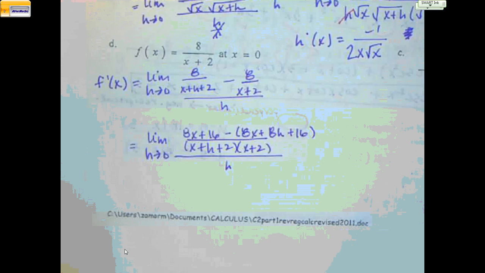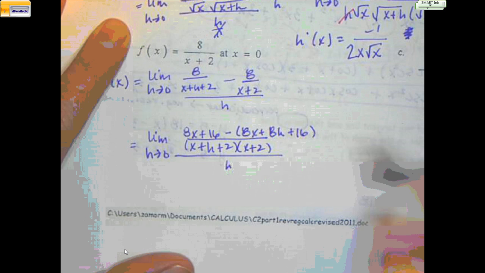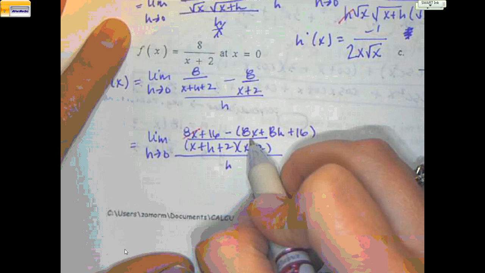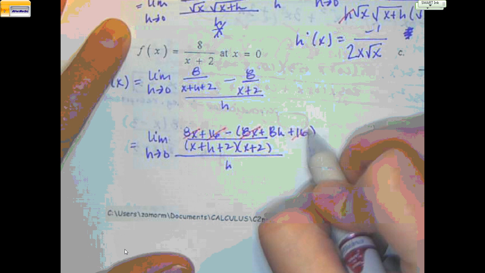For the right-hand side, I had x plus 2, I need x plus h plus 2. Let me go ahead and distribute that too. It's in parentheses because we're subtracting the whole thing. So I've got, let's see here, 8x minus 8x, those went away, and 16 minus 16. I'm left here with negative 8h.